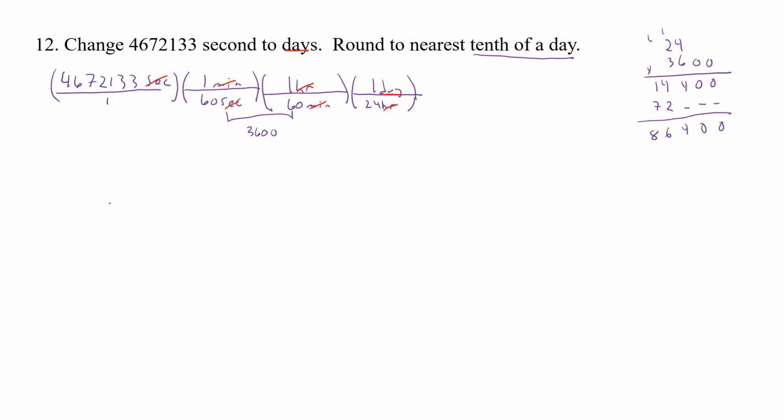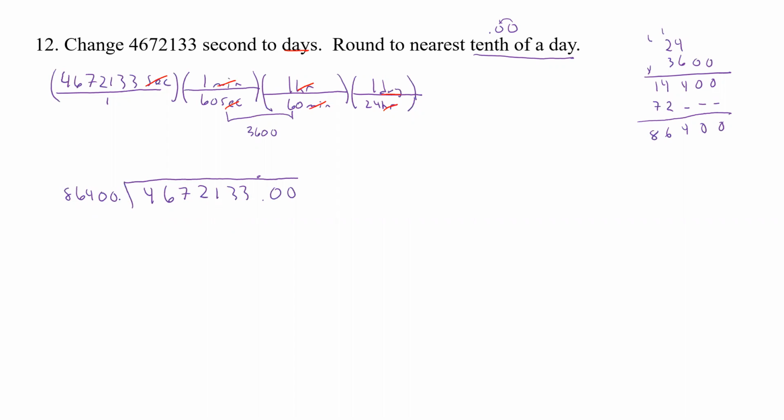And so we have to then take 86400 into 4672133.00, and we have to do that because we need that second one to round to the 10th. So that's going to be our division.